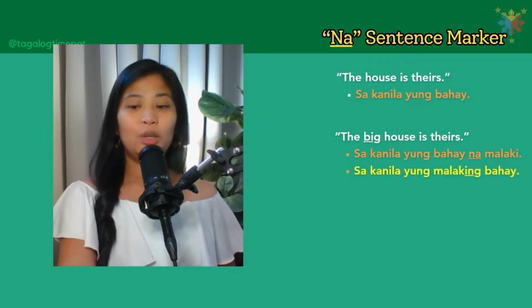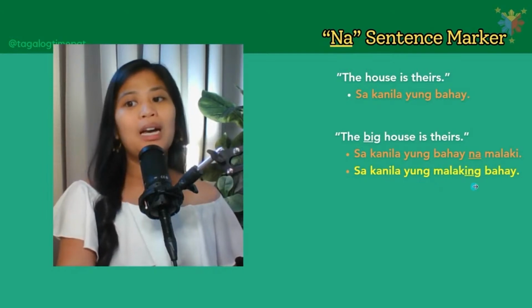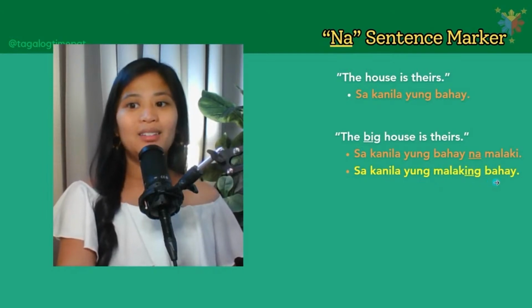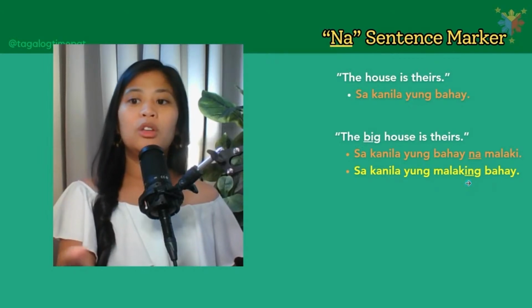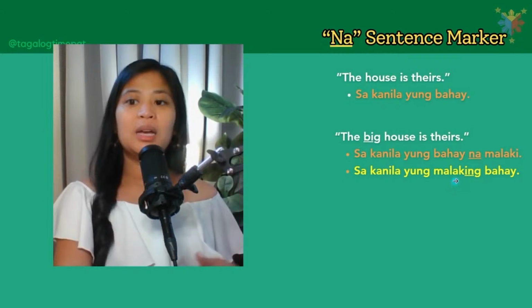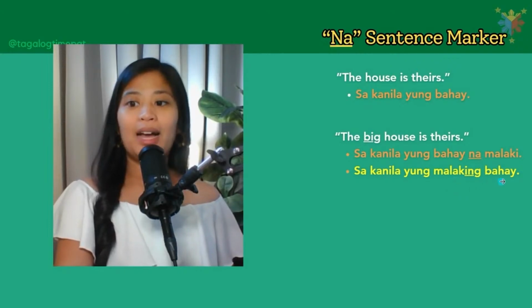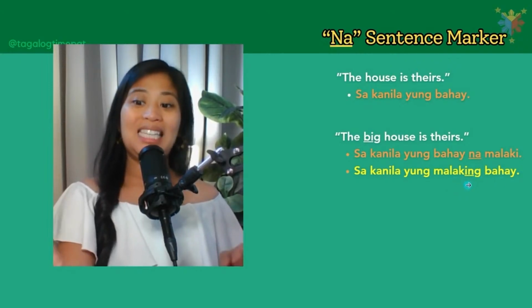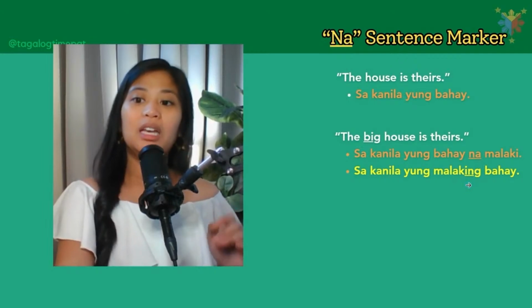But you could also hear it this way. Sa kanila yung malaking bahay. So this is an alternative phrase, but it still means the big house is theirs. Technically, this is malaki na bahay. The na is in there, but it's being incorporated into the adjective malaki.